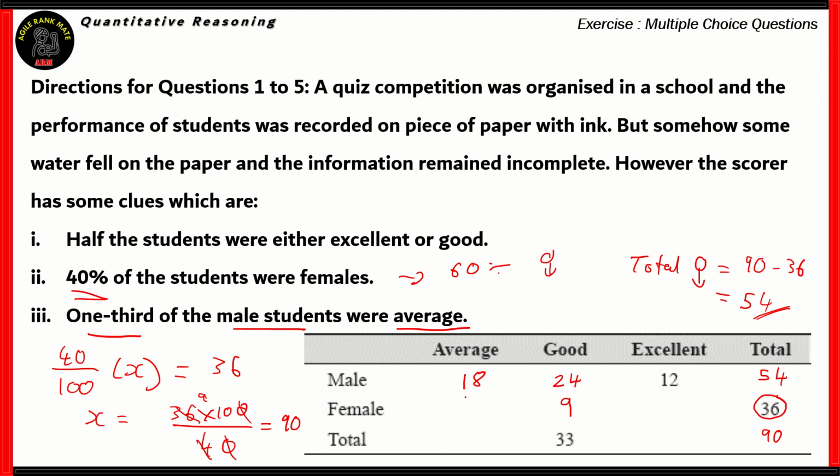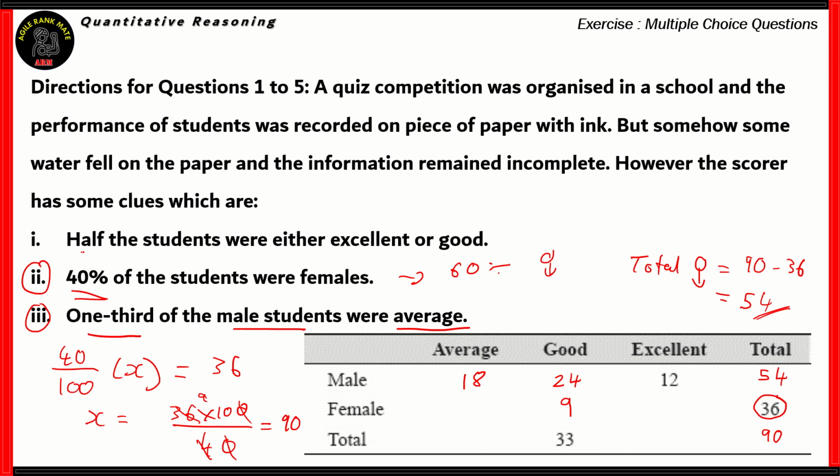Now, we need to look at the first clue. We've looked at the third clue, we've looked at the second clue, and we've filled up this table so far. So we've filled up the average males, good females, total males, and the grand total. Now, in order to solve the rest of it, we would need to look at the first clue.